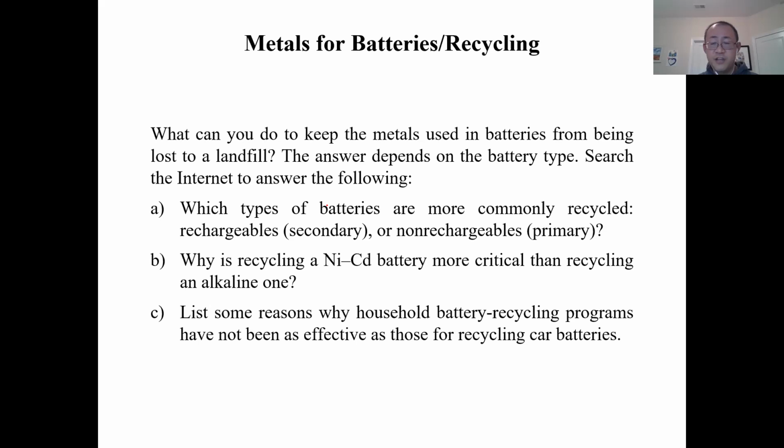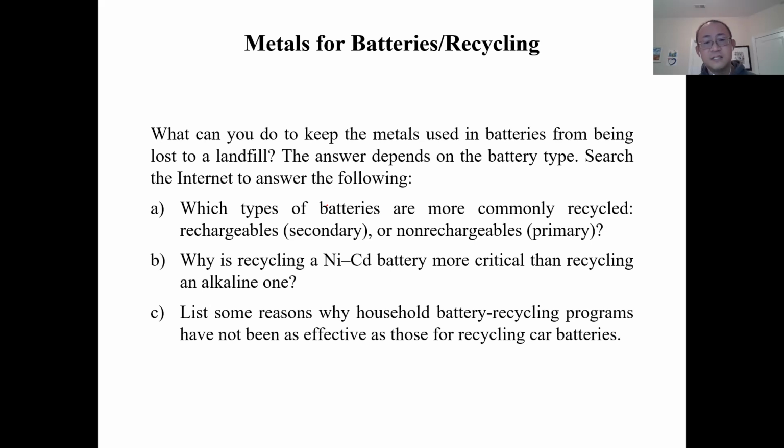Think about your daily use: what batteries do you normally recycle and what do you not? Do you recycle rechargeable batteries the most, or non-rechargeable batteries? Number two is, why is recycling a nickel cadmium battery more critical than recycling an alkaline battery? Think about not just the cost of the nickel cadmium battery, but also whether there are environmental issues involved with these two metals, nickel and cadmium.